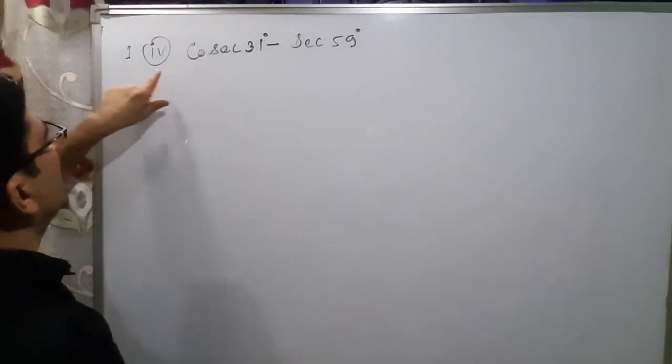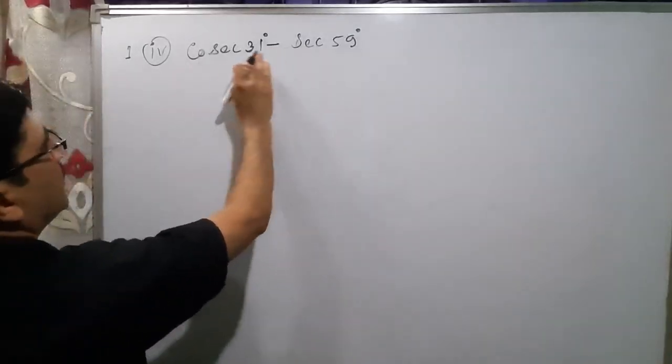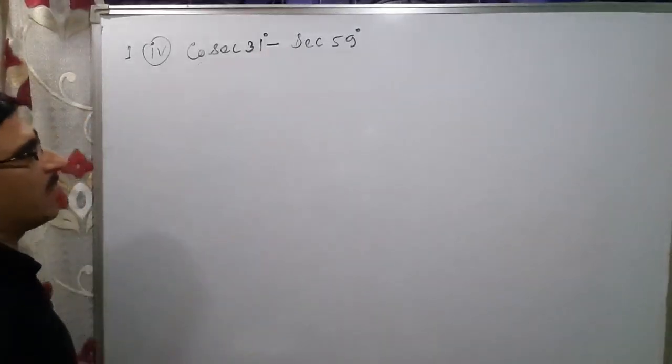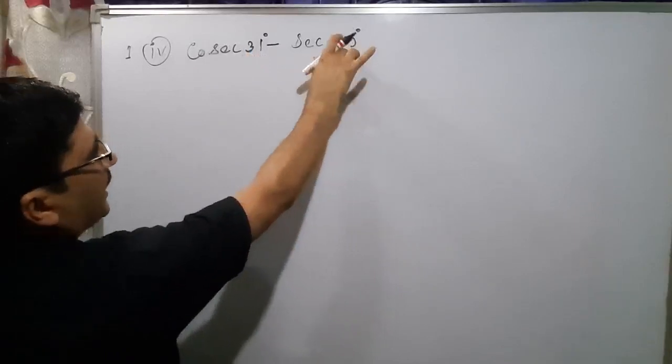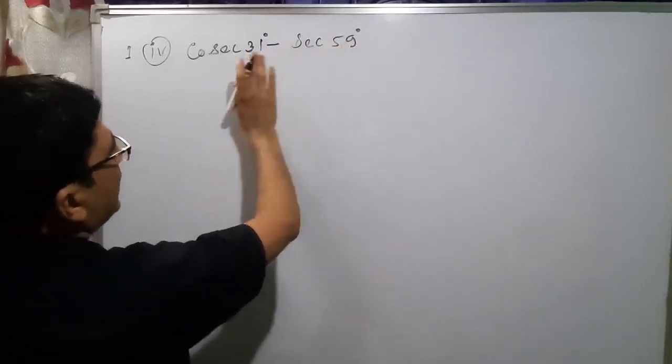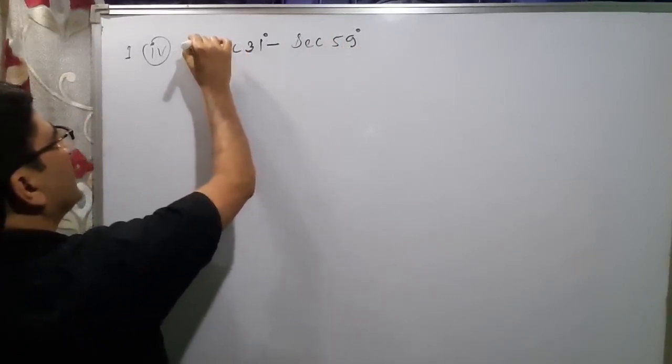Here in question number 4, we have cosec and sec. Cosec and sec are in complementary relation, we know that. Now 31 and 59, if you add, it is 90. That means they are in the format of complementary relations.